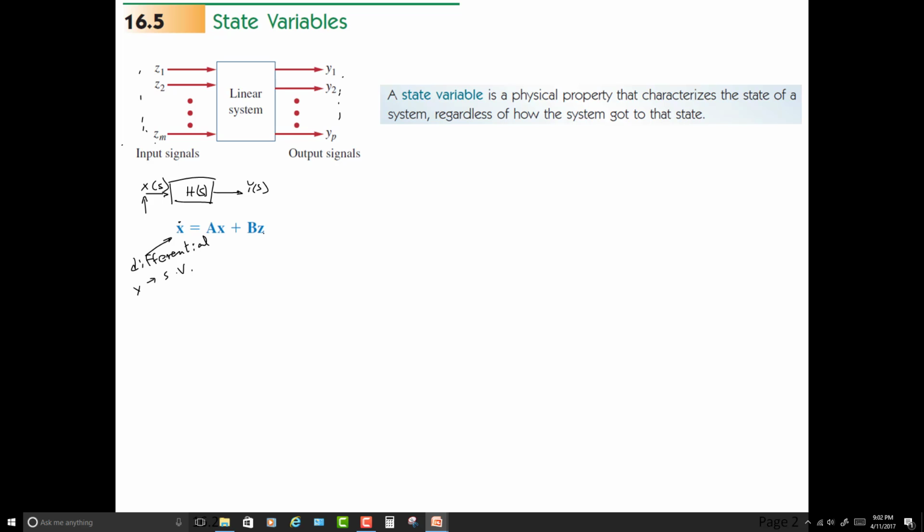Now that's interesting. The differential action, the rate of change function of a state variable, can be expressed as the sum of constants times the variable itself plus constants times the input. All right, that's what's being expressed there. And the reason these are bold is because we have z as a vector, and x is a vector.